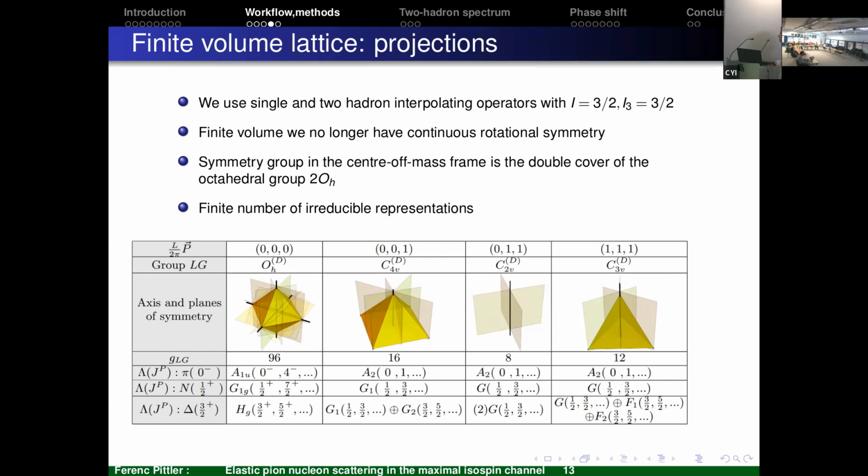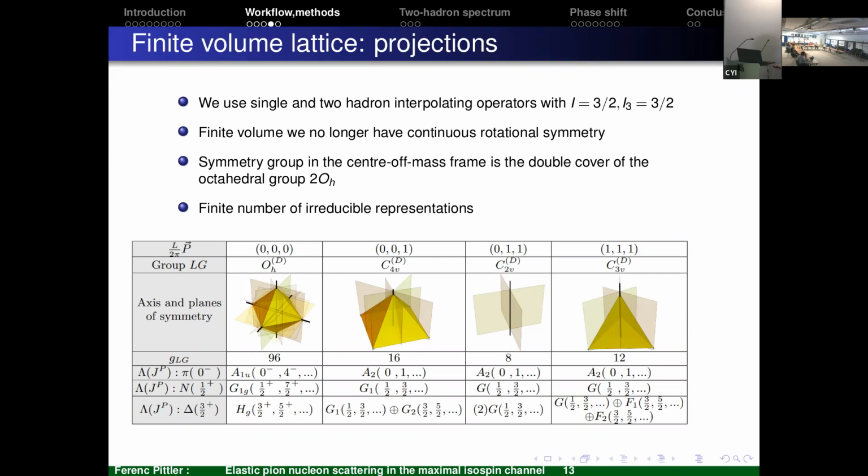So we consider these three kinds of total momentum, and in each case I listed in this figure the possible transformations that leave the lattice symmetric.